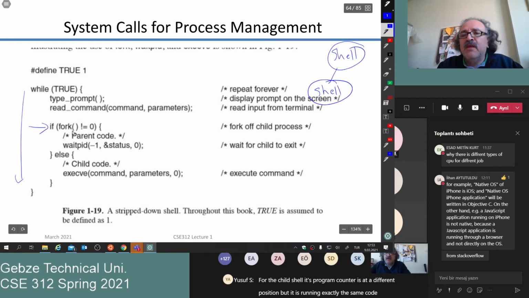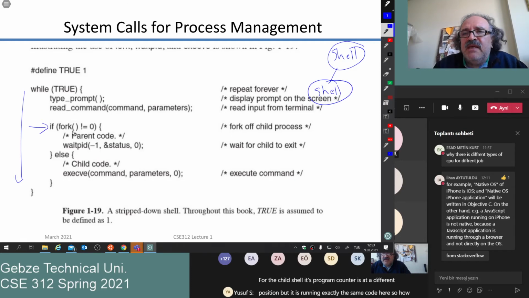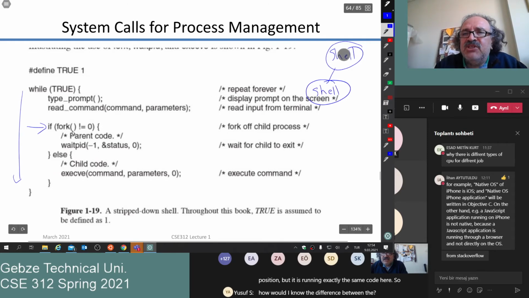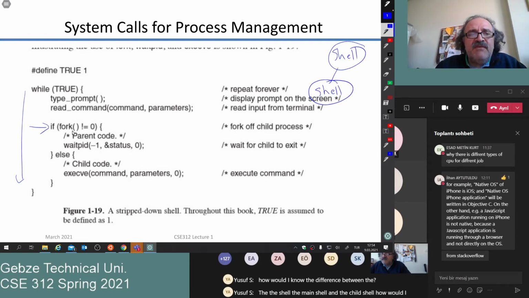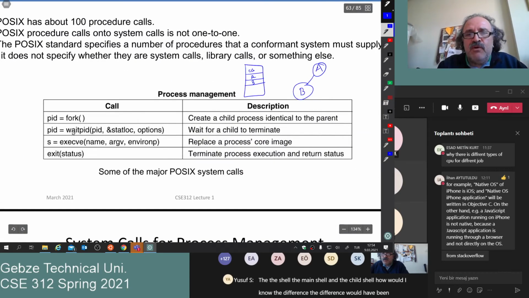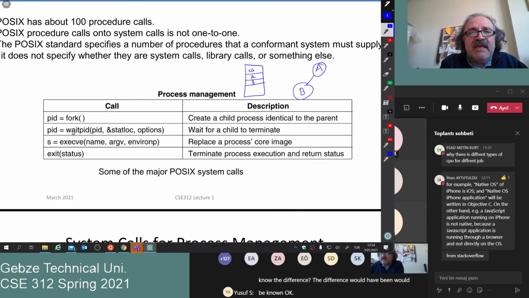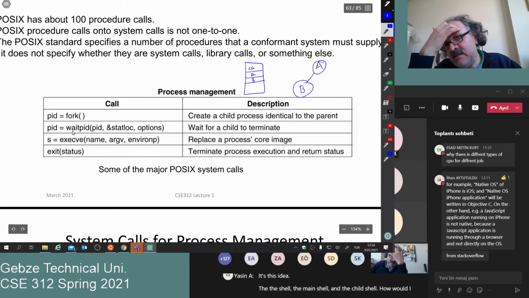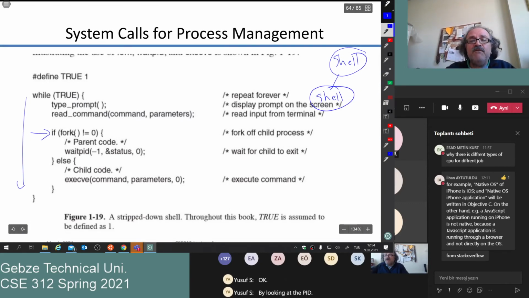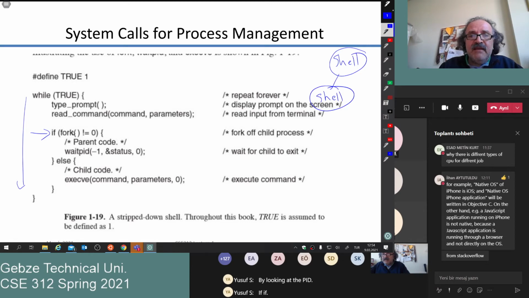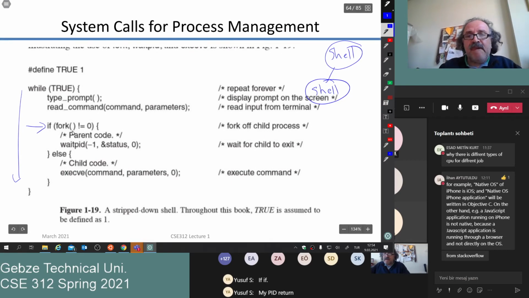So how would I know the difference between the main shell and the child shell? The difference would be known by looking at the PID, the return PID.